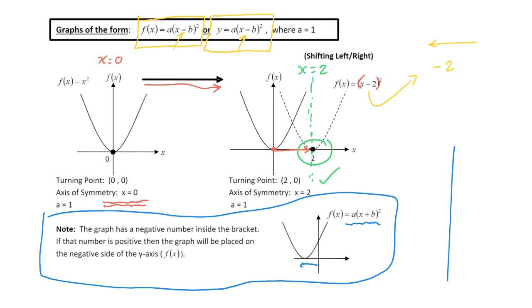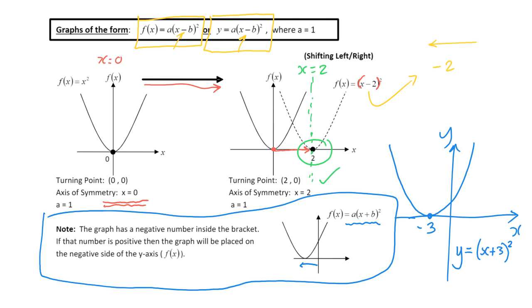So in other words, if we had another graph like so, and we had shifted to -3, then the graph of that would be, and I've used y rather than f of x, y equals, we're going to say that a is 1, so (x plus 3) squared.